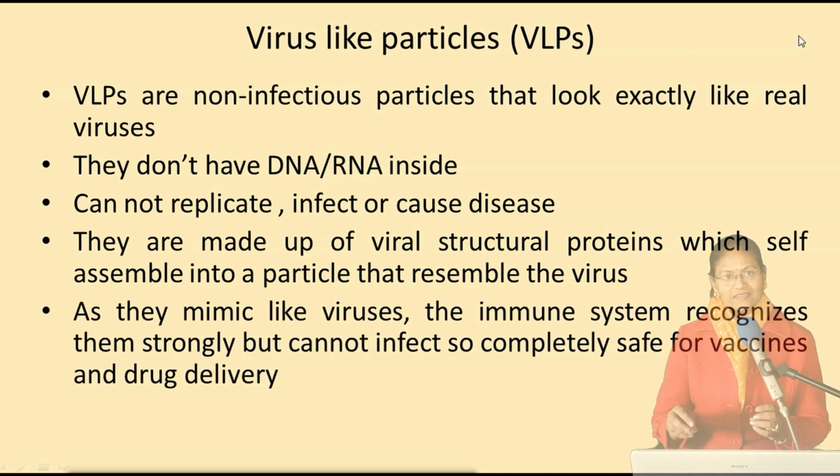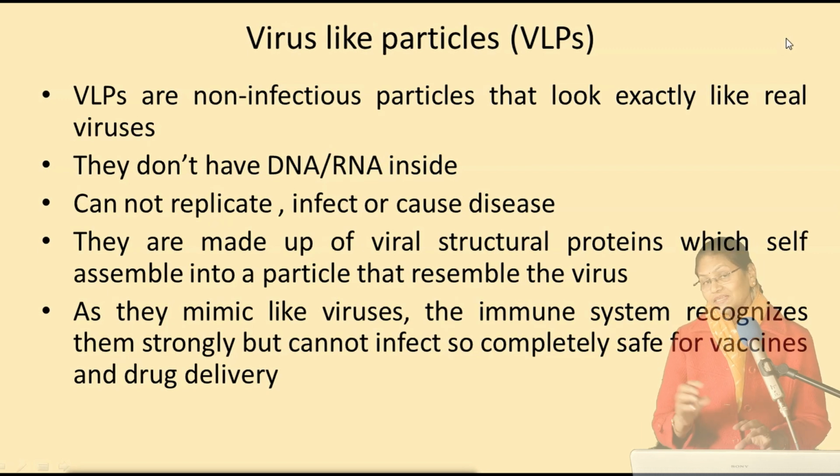So these are not real viruses, they just mimic a virus, and this quality is used by the scientists and the industrialists for making vaccines and for drug delivery. How? When they are injected into the body, our immune system thinks that this is a real virus, and then all the immune response starts.